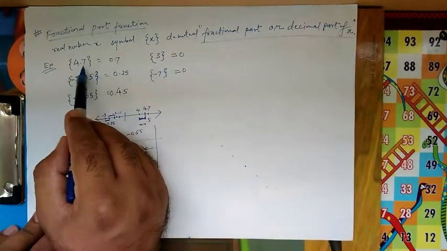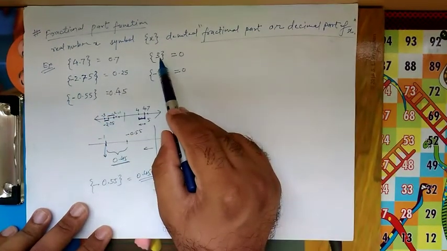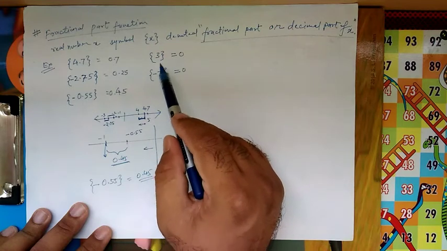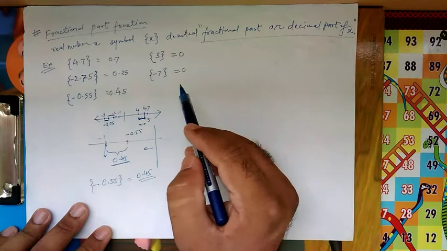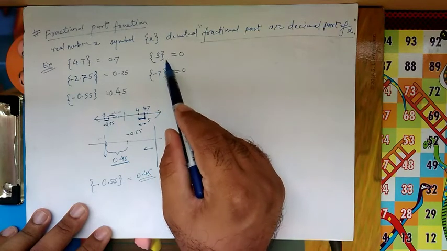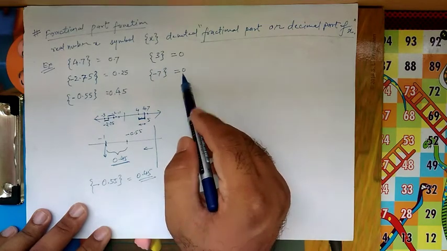As 4.7, you can see we have to write the 0.7 only. In the 3, this is an integer, or -7 is an integer, so we need not worry. The fractional part is 0 over here. Why? Because this is 3.0 and this is -7.0. So after the decimal we are getting 0, so we are having 0 over here.